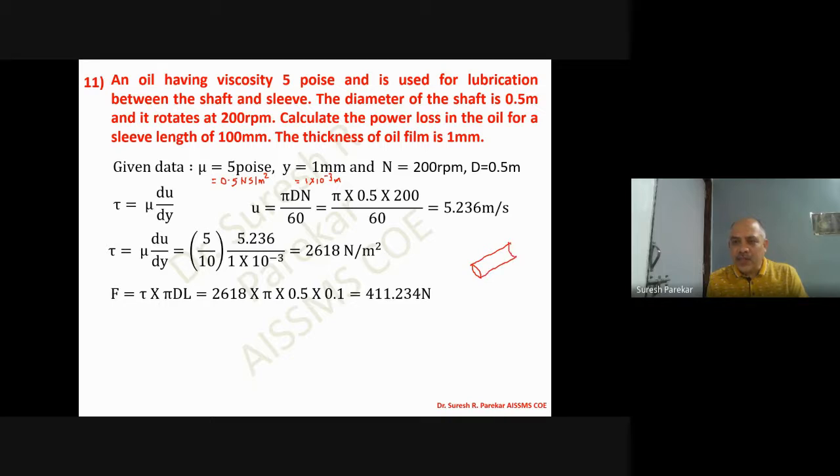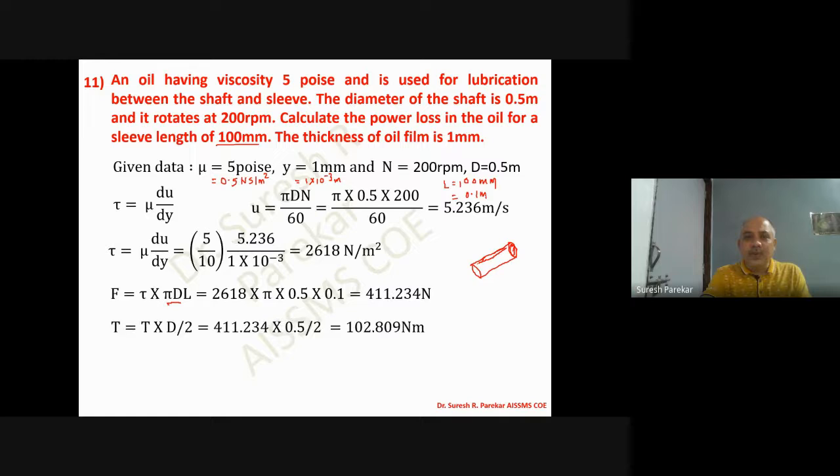Now we have shear stress which is along this periphery, so that is equal to pi D. Shear stress is along this, and then we have this as length L. So area will be circumference into length, and that will give me force, and we will get it as pi D into L. L is given as 100 millimeters, so convert it into meters, and we have 0.1 meters.